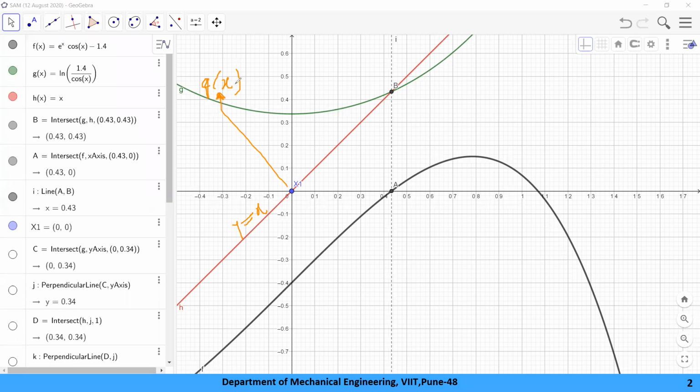I'll get g(x1), which means I'll get this point, right? Yes, so I'll get this point C. Then I know that this is y = x.